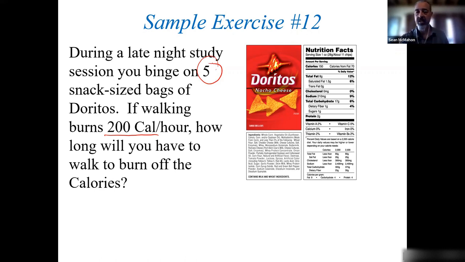Because I was burning calories because I was thinking, but I want to equate it to walking. So if one of those bags is 150 calories, so we'll say 5 bags, because that's what I start with, right?